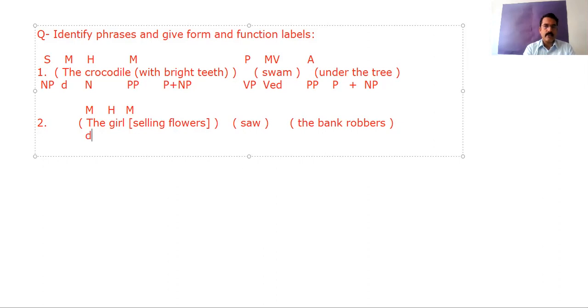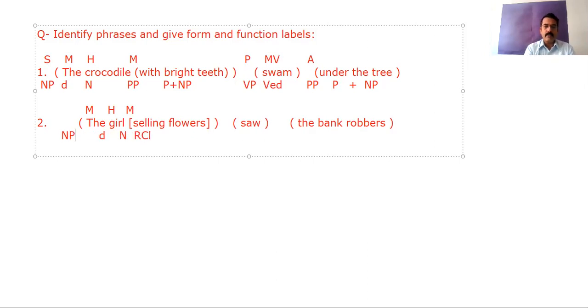The pre-modifier is the determiner, girl is the head noun, and selling flowers is RCL, that is relative clause, a non-finite relative clause. We have seen that a non-finite relative clause functions as post modifier in an NP.